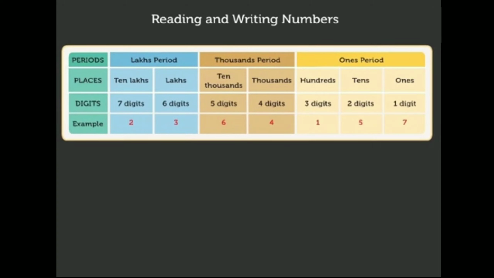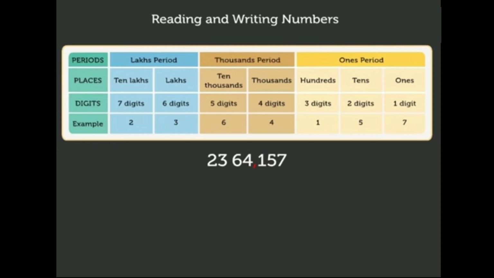This is a 7-digit number and is placed in the ones, the thousands and lakhs periods. Remember this: while inserting commas, we count the digits from right to left. So we insert the first comma between the third and fourth digit. That is where the ones period ends and the thousands period starts.